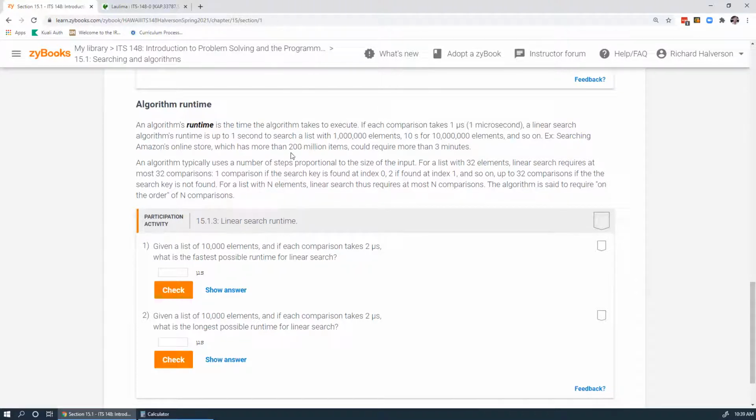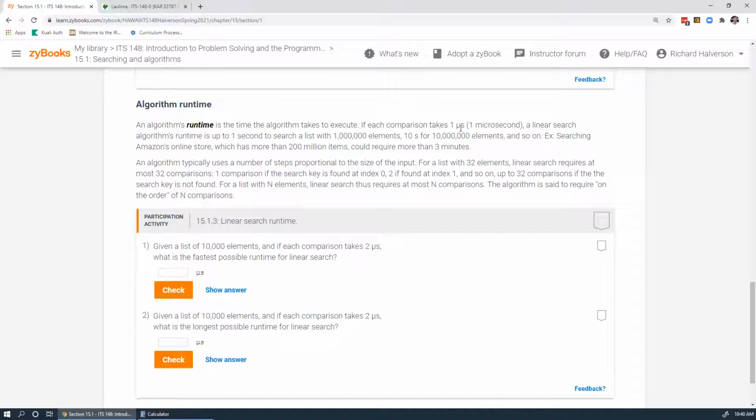Now the concept of algorithm runtime is basically how long it takes for the algorithm to execute, where you assume some certain time period per step. It depends on all kinds of things, but if we just assume a step is a step, let's say each one takes 1 microsecond.